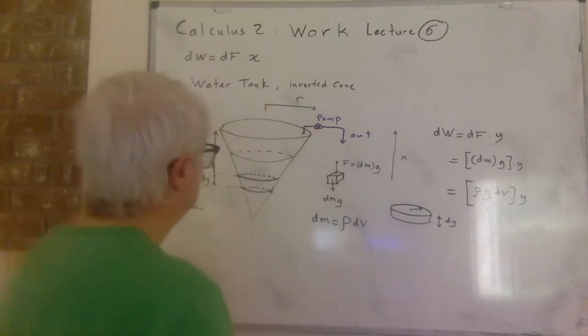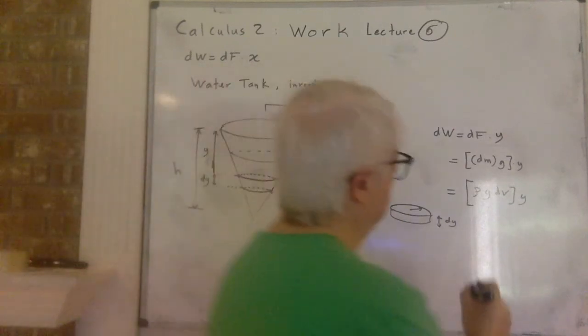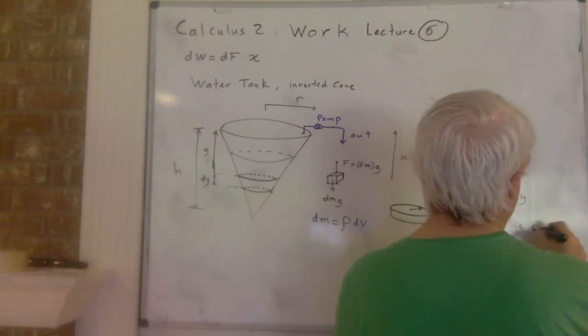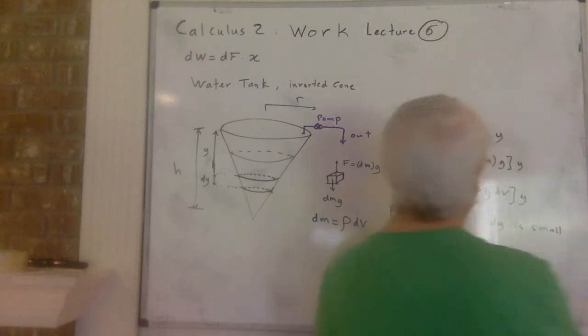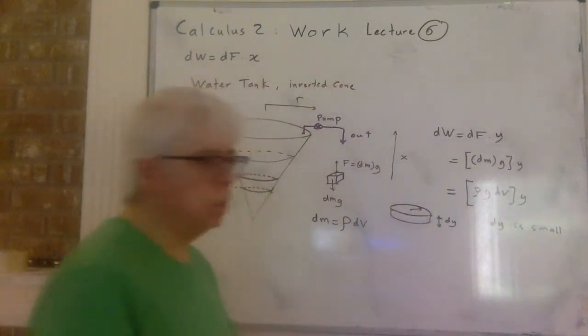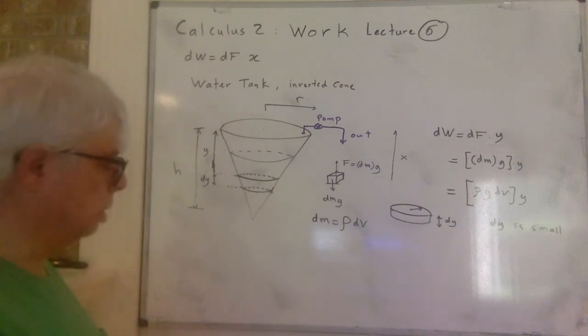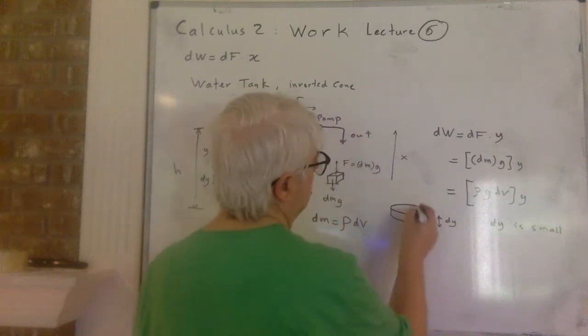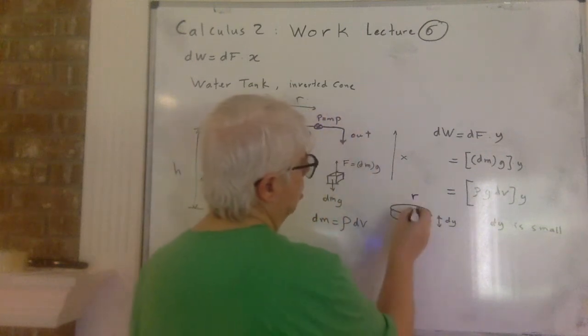Right? Since dy is small, I can assume that it is a cylinder. So what do I need? I need this r, the radius.